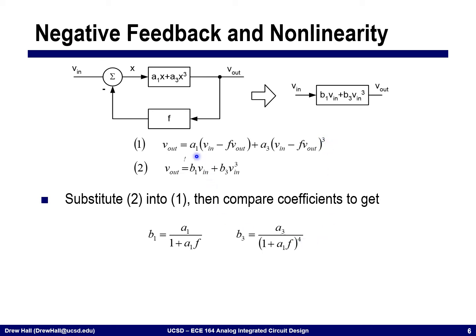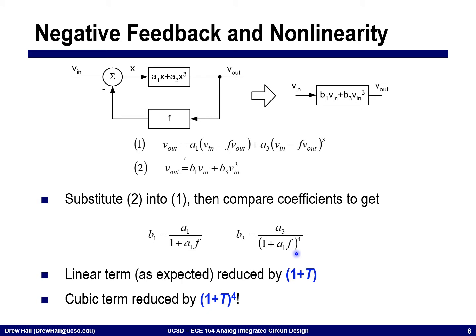So when we have the linear term, we get 1 plus T. For the third order, we get 1 plus T to the fourth. This is pretty powerful in the sense that now we don't have to build forward path amplifiers that are extremely linear. The feedback will help clean up some of this nonlinearity in our closed loop transfer function.